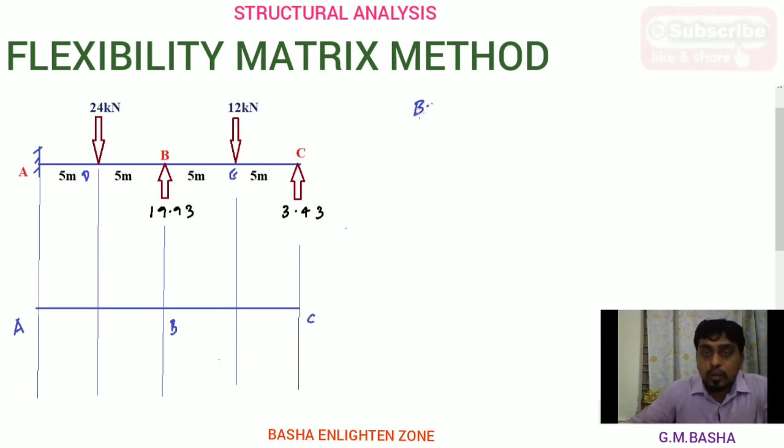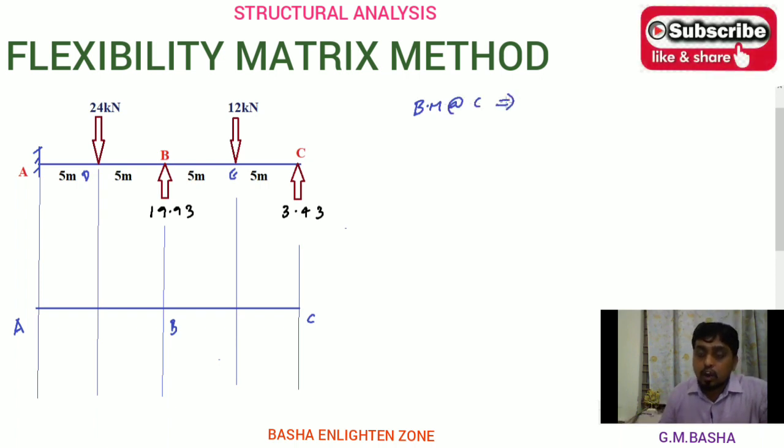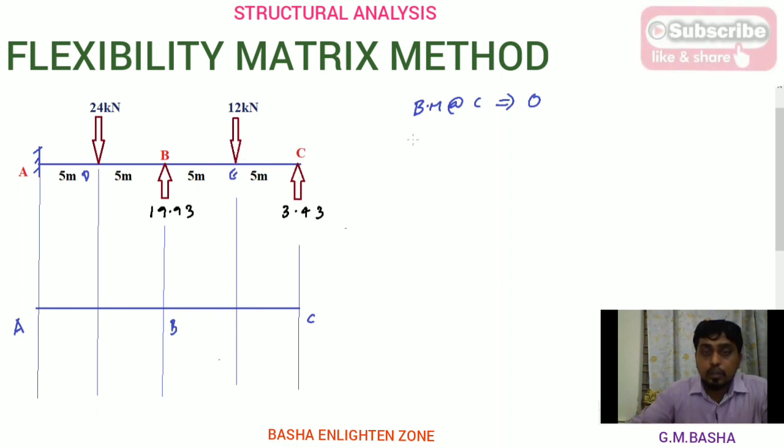So bending moment at C. Already we know that at the simply supported end the bending moment will be equal to 0. Okay, then I am taking up to the span E. So up to the span E I am resolving this force 3.43 into the distance. So bending moment at the point E will be equal to, upwards I am taking positive, downwards I am taking negative.